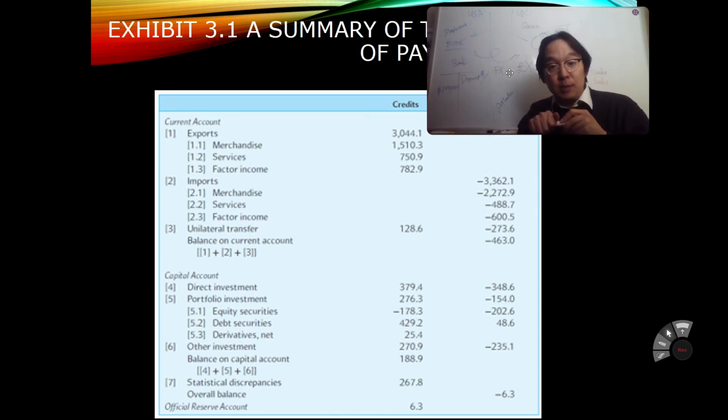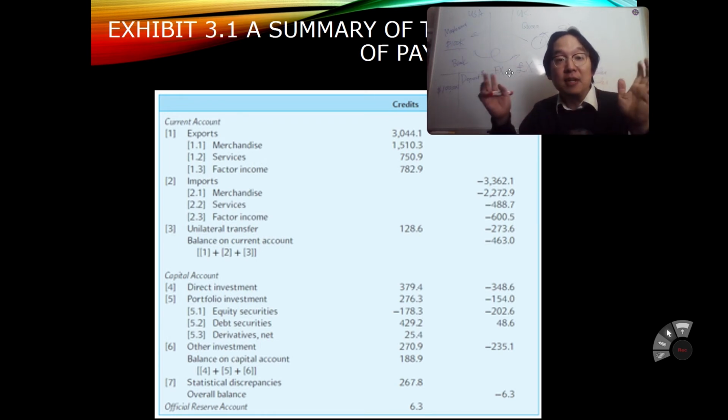Other investments, well, miscellaneous ones, just lump them over there. And then adding all these items 4, 5, 6, you will get the balance on capital account, which is more long-term things, fixed asset related kind of things, you can think about it.